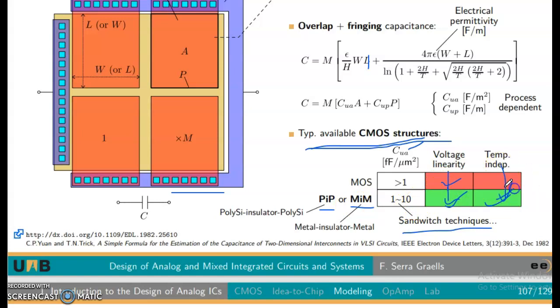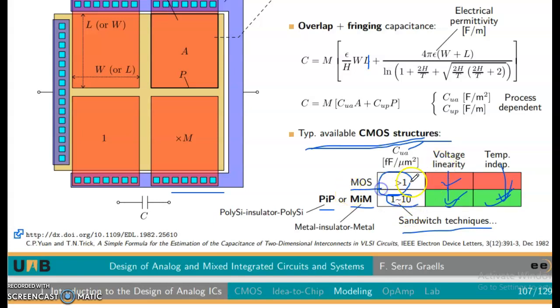Temperature independent also green. But here, the process CUA in F, defined per micrometer square, in MOS is greater than 1, here in between 1 to 10.